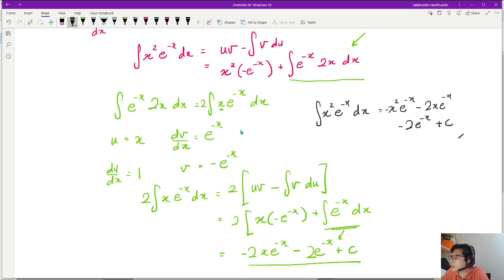So there you go. It's kind of messy, but that's because we've done the integration by parts twice.